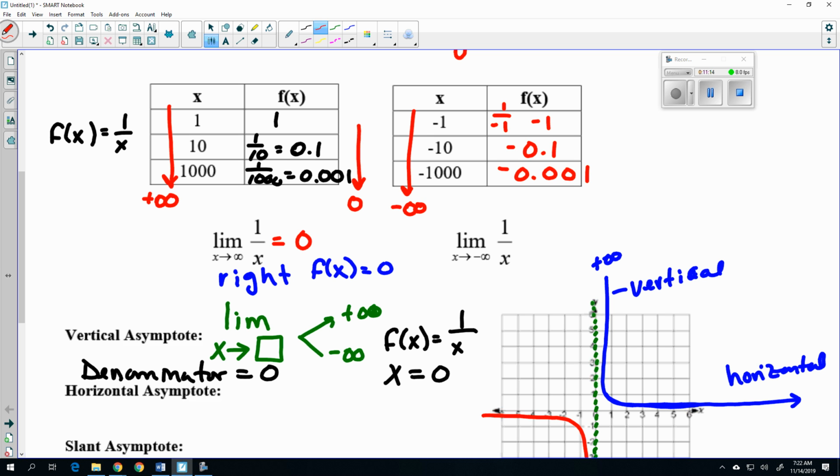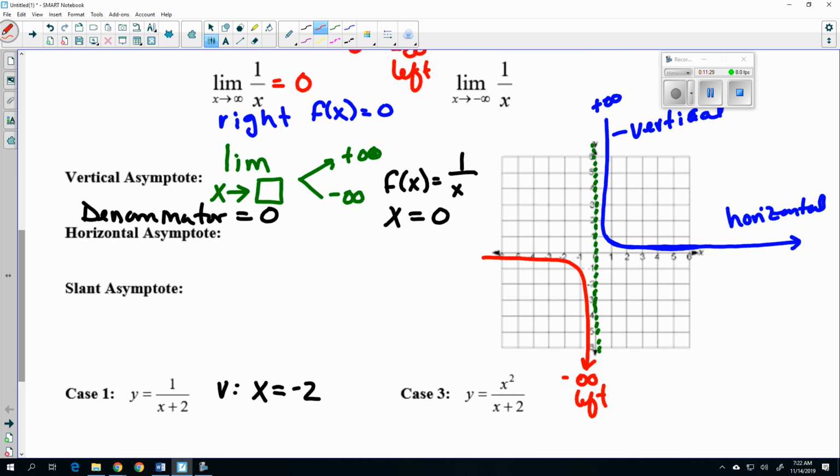Where's negative infinity? On your right hand or on your left hand? Okay. As I head out to my left, I'm headed toward what? 0. Even though it's negative, it just means you're on the left. So as I come out here on my left and go toward a big number, it's settling at 0.